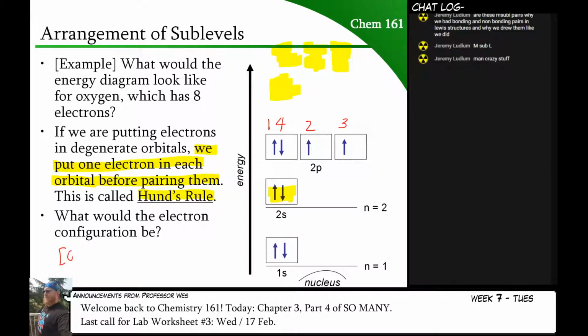So this is oxygen, and so this would be 1s2, because there's 2 electrons here, 2s2, 2p4. And that would be the electron configuration for oxygen.